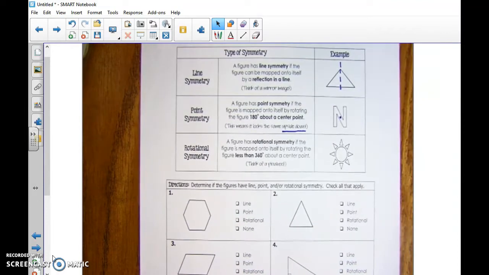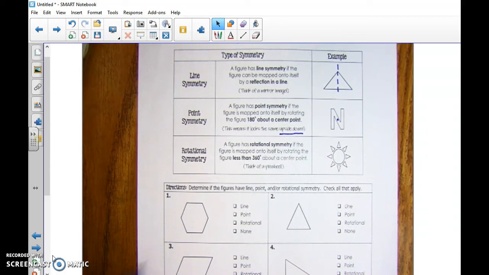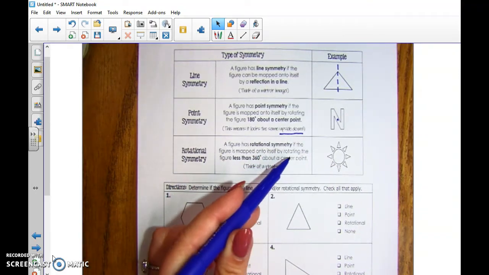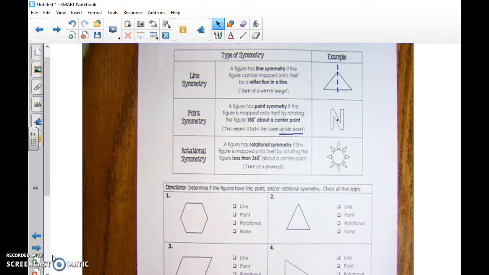Alright, and our last thing we have is rotational symmetry. So a figure has rotational symmetry if the figure is mapped onto itself by rotating the figure less than 360 degrees about a center point. So we can think of that like a pinwheel.